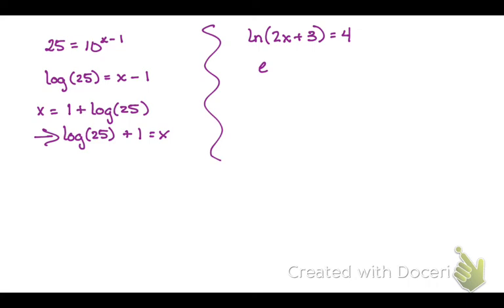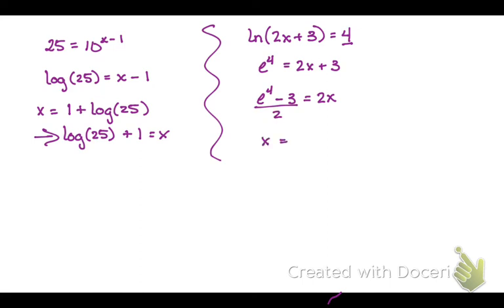E to the fourth equals 2x plus 3. Now what? Minus 3. So e to the fourth minus 3 equals 2x. Divide by not 2x, 2. So I divide by 2.